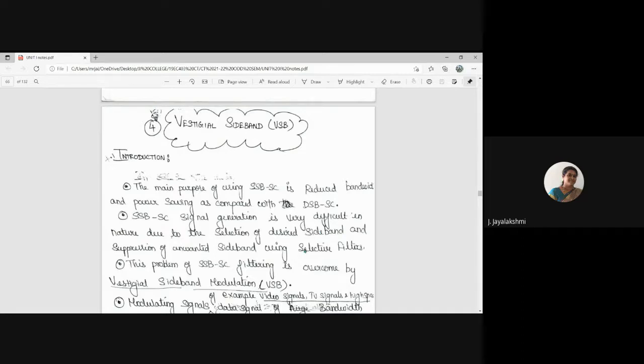So just now we saw the disadvantage of single sideband also. The selectivity of the receiver has to be higher. You need a highly sensitive device to select the signal at the receiver end. So these two problems, and also the design of the filter, are going to be a problem in the single sideband.